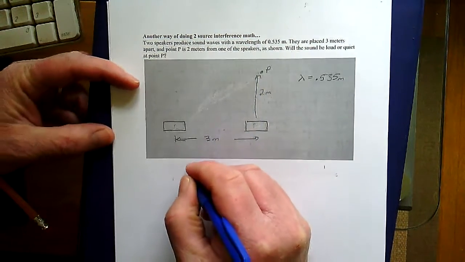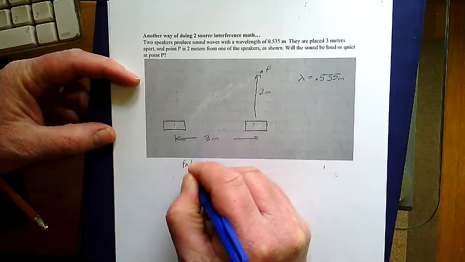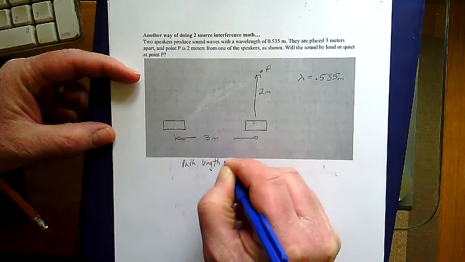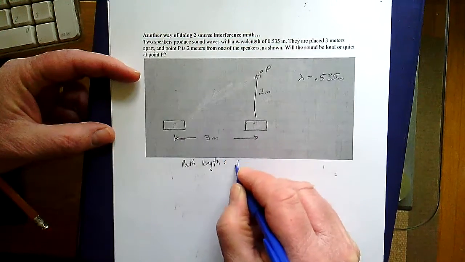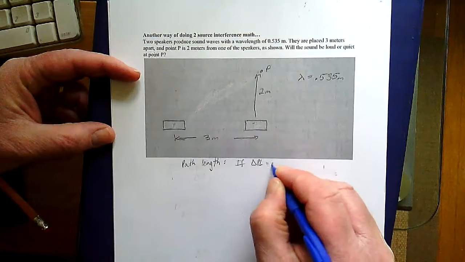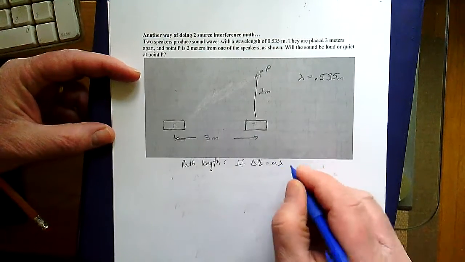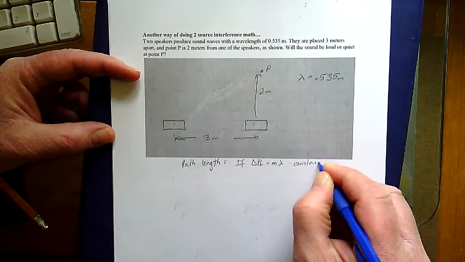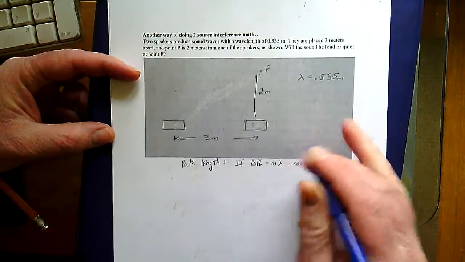And this has to do with the concept of path length. Okay, so remember, if the difference in path length is equal to m times lambda, where m is a whole number, then it's going to be constructive interference because they will be in phase.